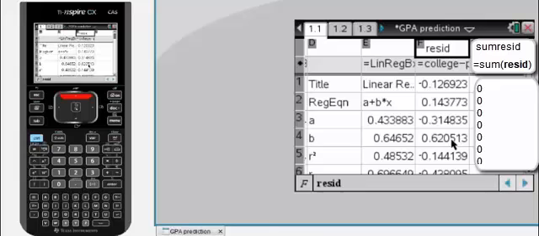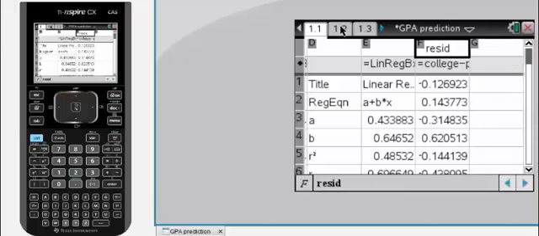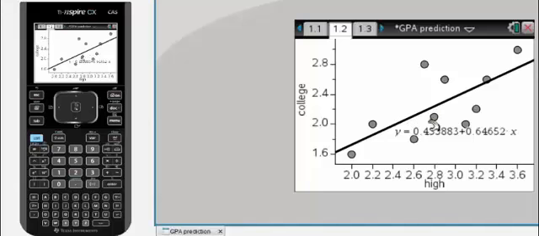So the goal for all this was to calculate a residual plot. And a residual plot is basically a similar plot to this, where we're going to have our high school along the bottom.